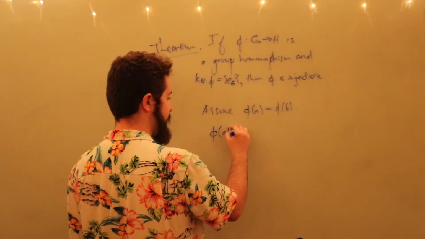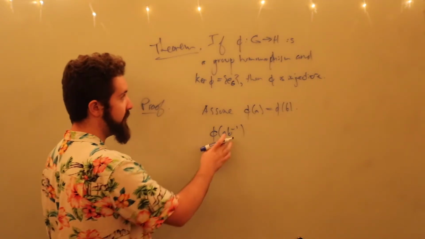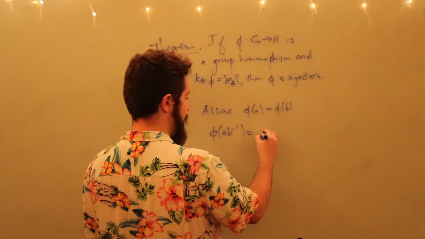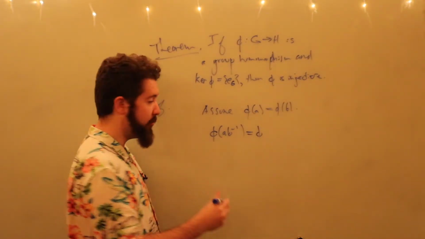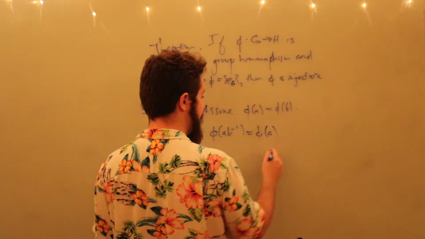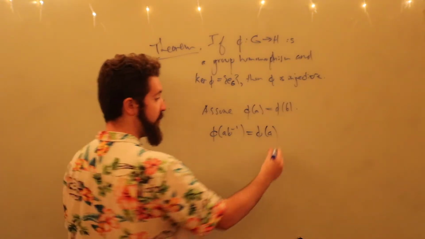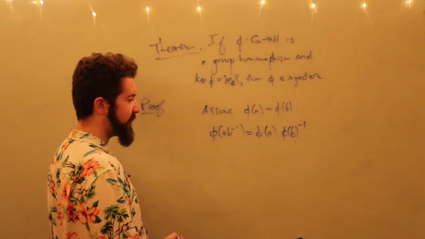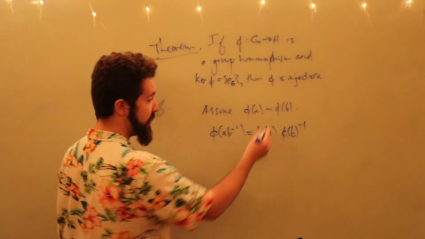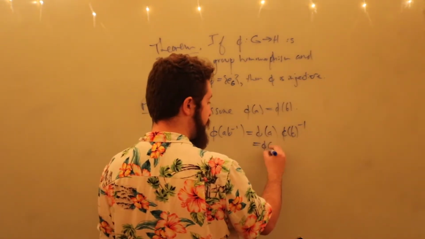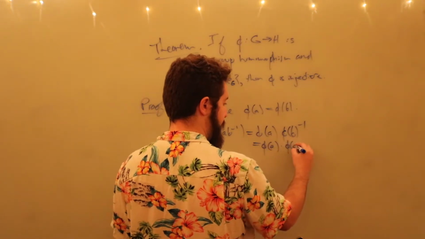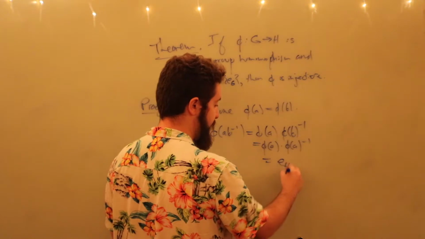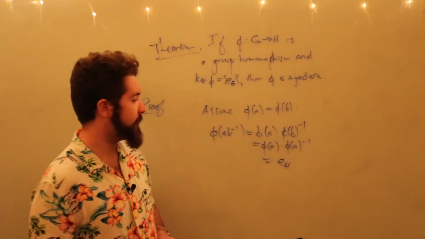Phi of A times B inverse, which is an element in G by closure, is going to be equal to, because phi is a homomorphism, phi of A times phi of B inverse, which is phi of B inverse, right? But since phi of B is equal to phi of A, this is equal to phi of A times phi of A inverse. But by definition, this is just the identity in H.